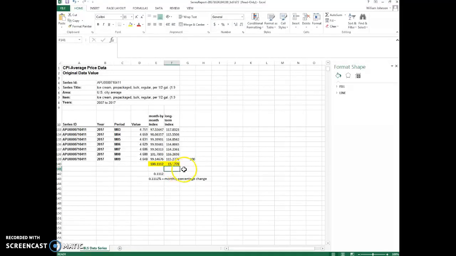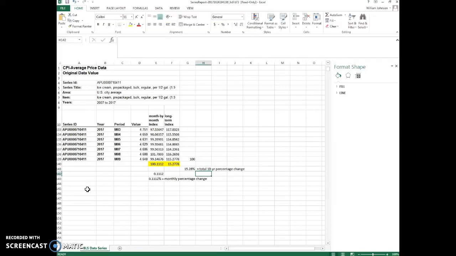And once again, that is a percentage. 15.2778%. Don't have to move the decimal or anything. Just get rid of the 100 and put a percent sign. And that is equal to the total, because remember, the long term, I'm looking at the whole group, the whole time period, the total 10-year percentage change.